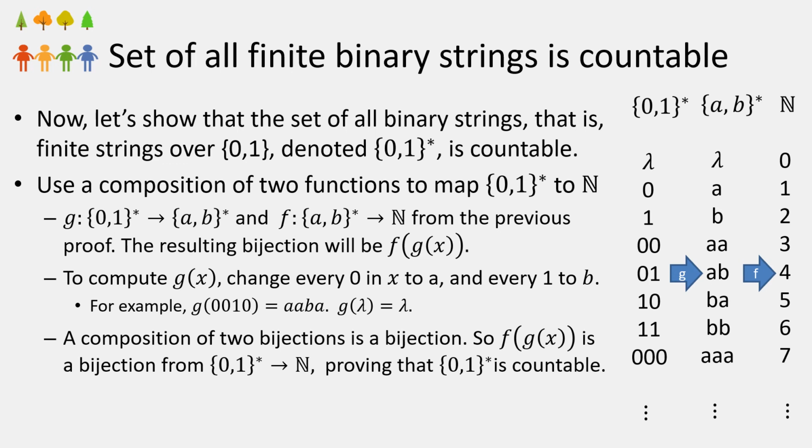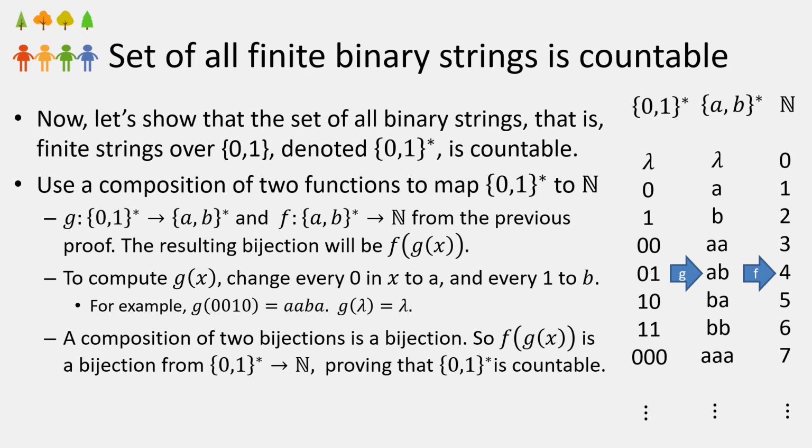So this is how we can do it. Let's define a new function, call it g, which will convert a string over zeros and ones to a string over A's and B's by replacing every 0 in that string with A and every 1 with a B. For example, the string 0010 will become AABA.